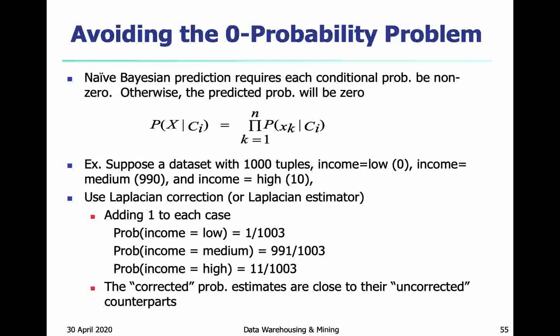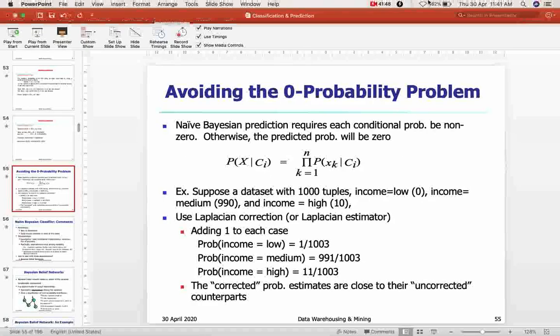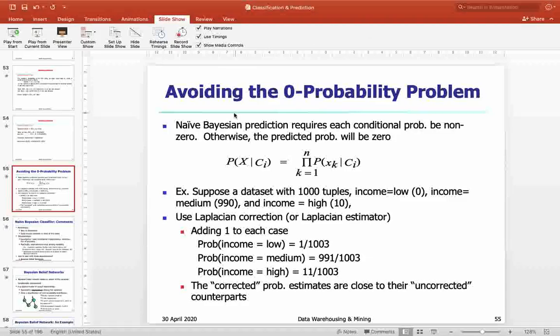So now, this is all. There is one disadvantage, one problem. What if the probability values are 0, right?